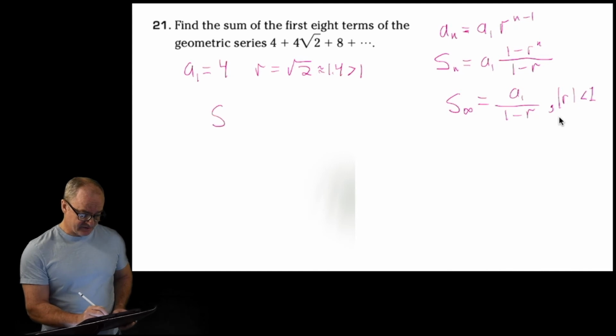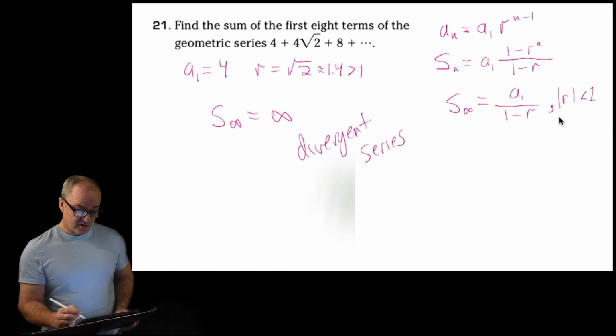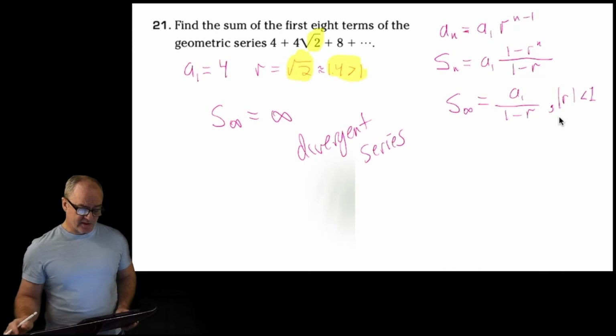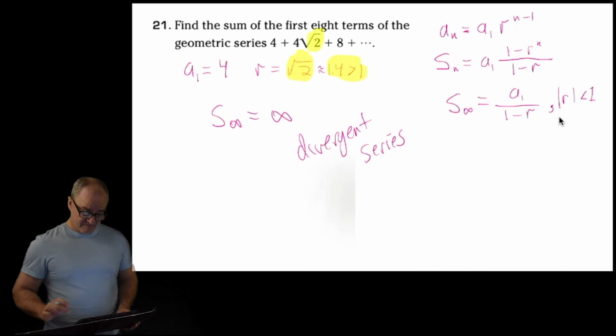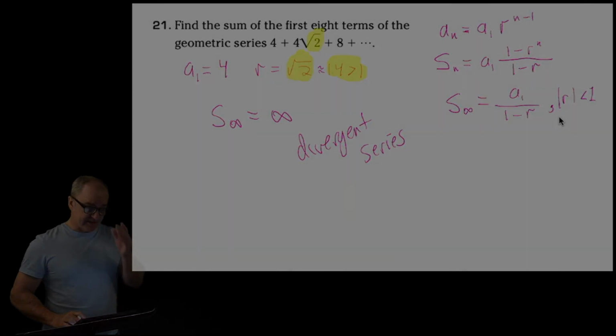The sum of an infinite number of terms, if that goes on forever, is infinity. This is a divergent series. So all the math we actually had to do was recognize that the common ratio was root 2, and that root 2 is bigger than 1, and then we write infinity or divergent, and we're done. You can see why that one was a good question to ask. A little confusing, but at least the math's not hard.